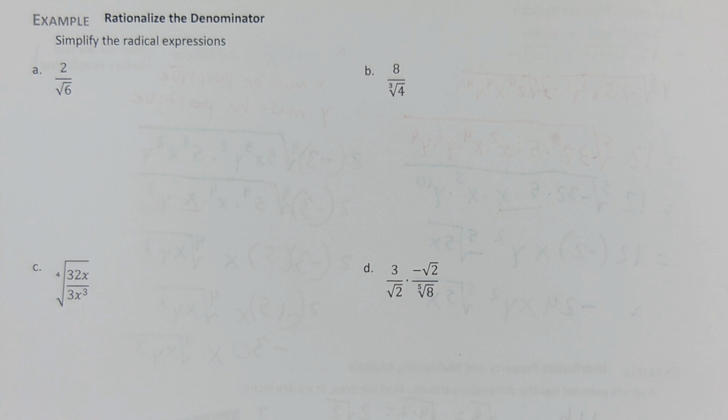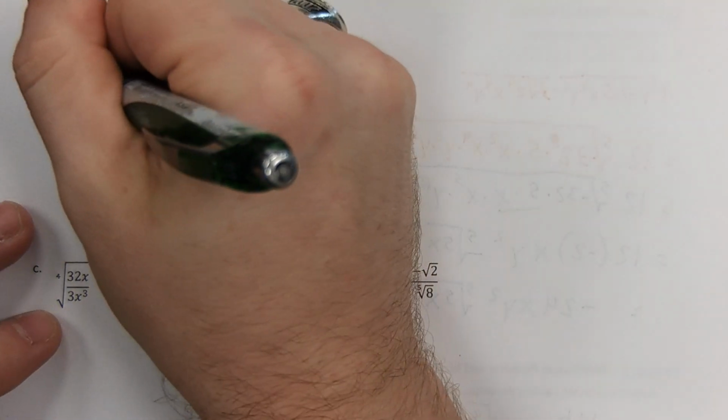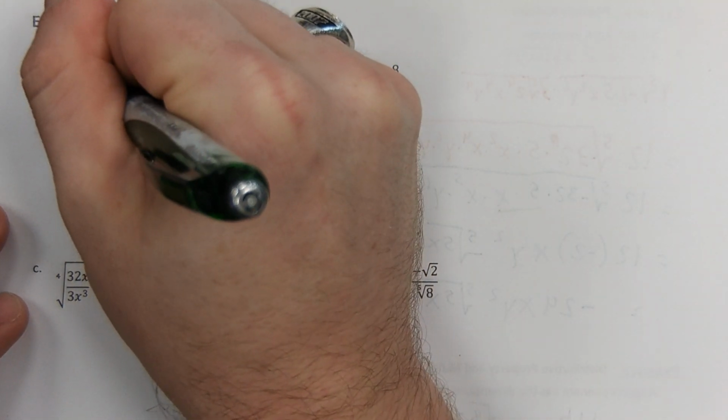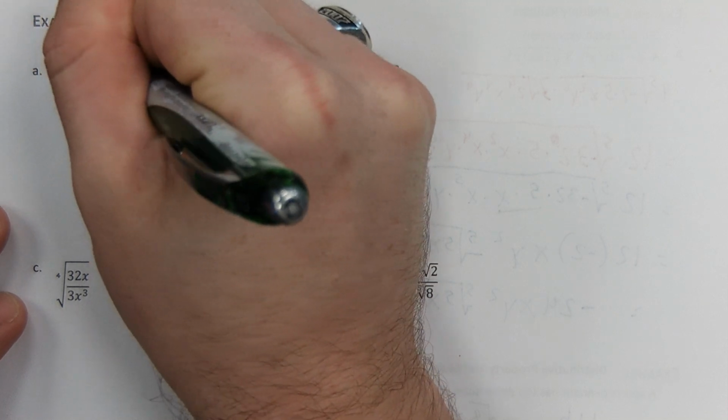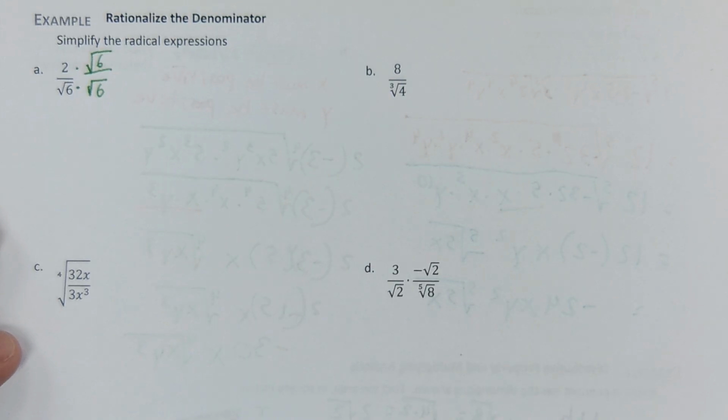But I kind of already gave it away. What are you allowed to do to the top and bottom? You can multiply. So what could I multiply by to give me the same result as squaring that root 6? I could multiply by the square root of 6. So I can multiply by the square root of 6 on the top and bottom because that will give me the same result as squaring the bottom.